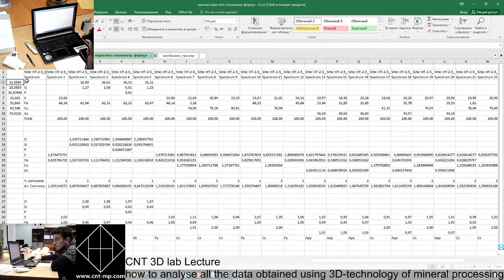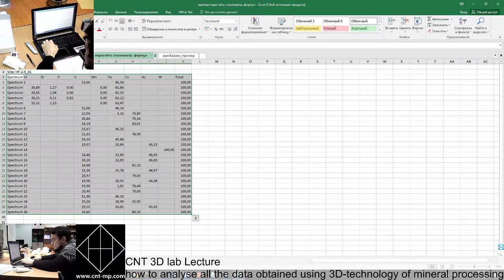After that, we used a special coefficient. We used masses or weight of each element we see in this table.